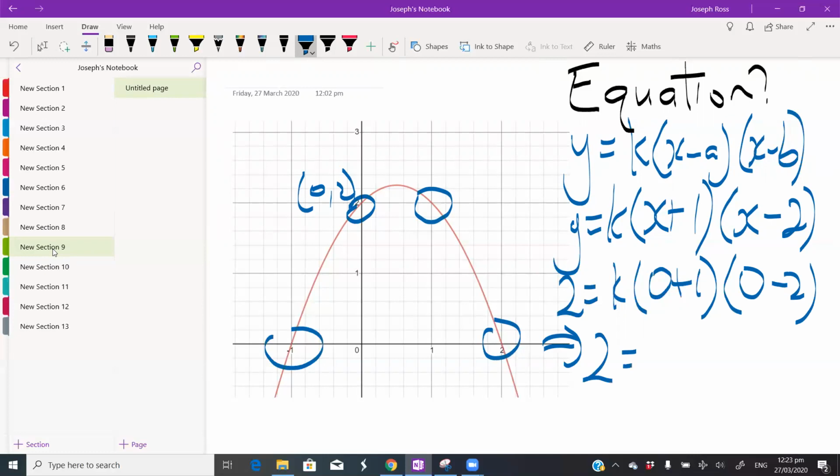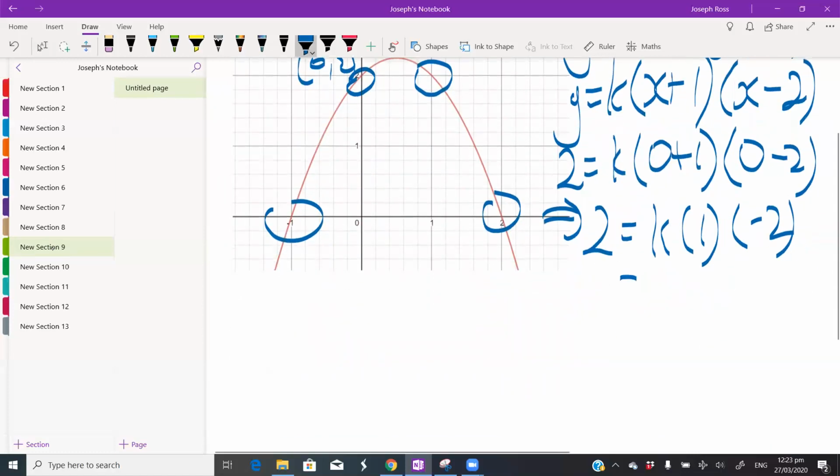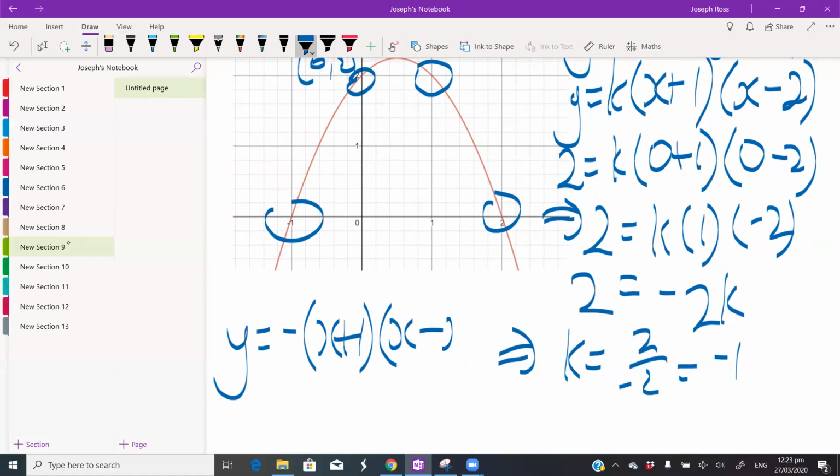So therefore 2 is going to be k times 1 times negative 2 if we work out what the brackets are, and 1 times negative 2 is negative 2. That's going to be multiplying k, so 2 equals negative 2k, and therefore k is 2 over negative 2, which is negative 1, and your equation is y equals negative (x plus 1)(x minus 2).